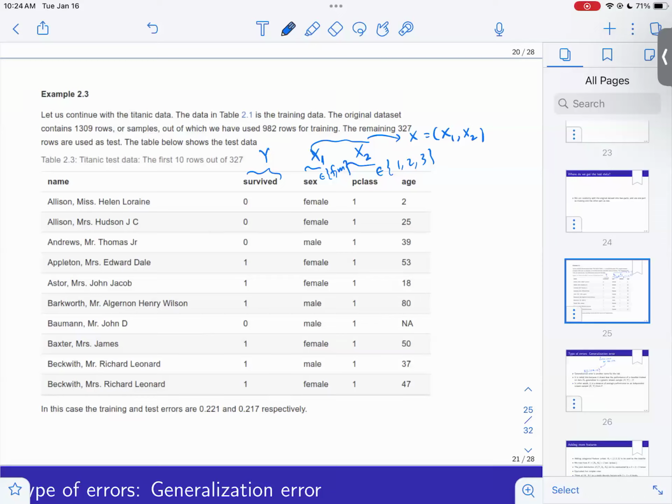Maybe do you recall what we did when we just had this feature? What did we do then? How do we build the classifier?